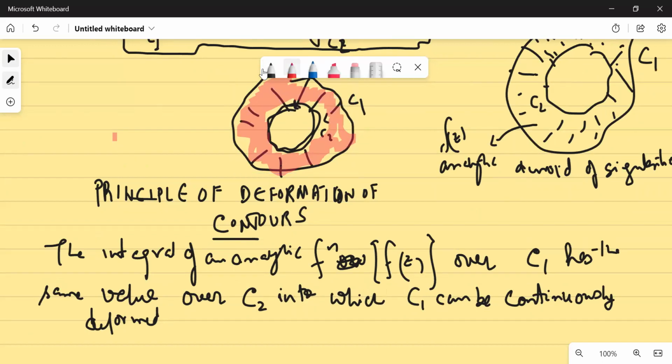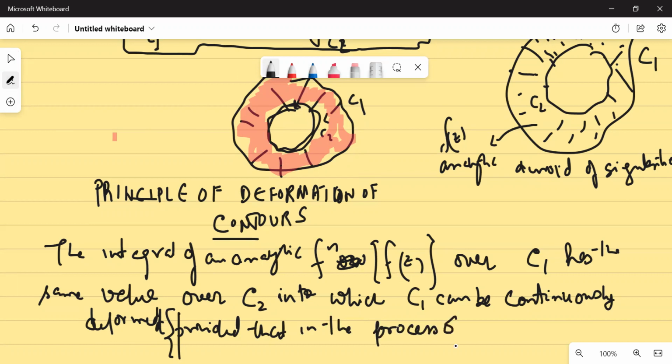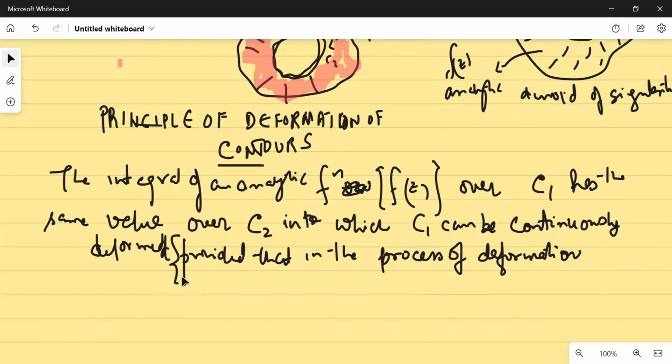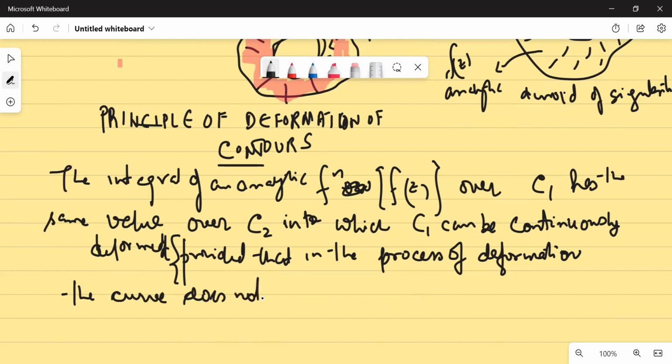And what is C2? C2 is nothing but what you get if you deform C1 continuously. So the value of the integral of f(z) over C1 is equal to the value of the integral over C2, provided that in the process of deformation, the curve does not encounter any singularity.